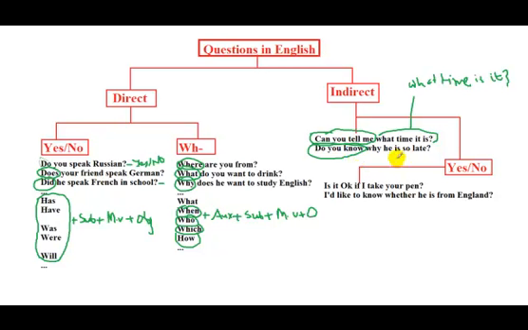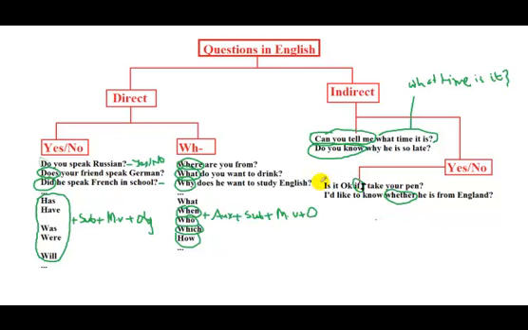And also in indirect questions we can use yes/no, but in this case you have to remember that we use if, and also we use whether to make it a yes/no question. For example, if you look at, is it okay if I take your pen?